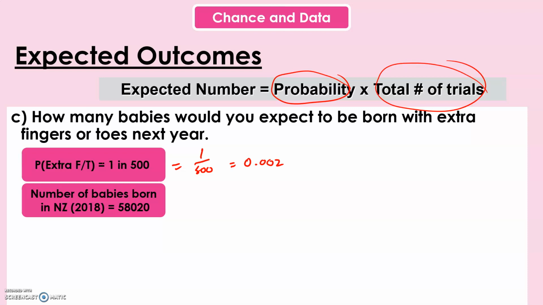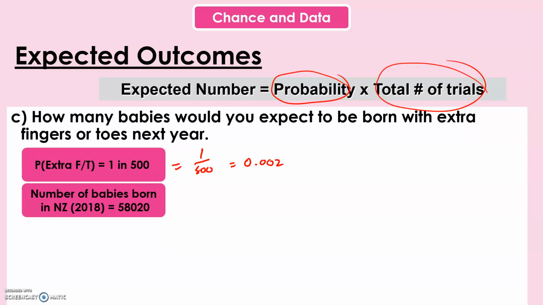Well, no way we can tell how many babies will be born next year. We can only go on a past year. And in most cases, the expected numbers are going to be wrong, but they are only for us to get an indication based on the probability. A bit like probabilities, really. They're only based on information we have, and certain things can change a probability quite drastically.